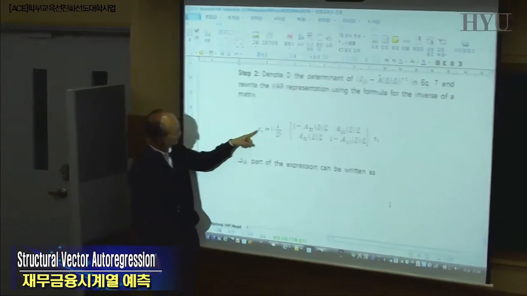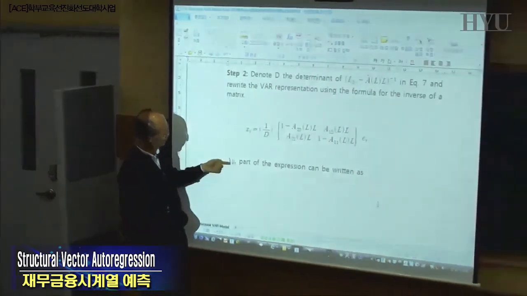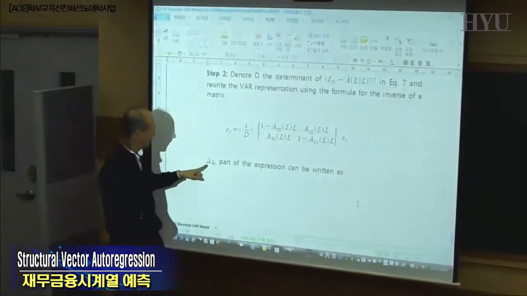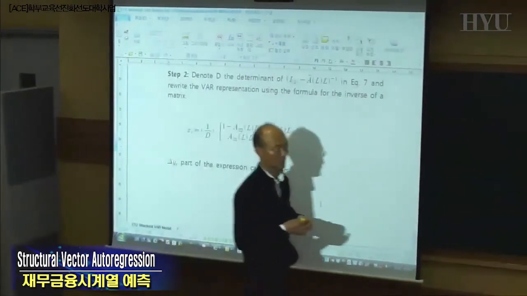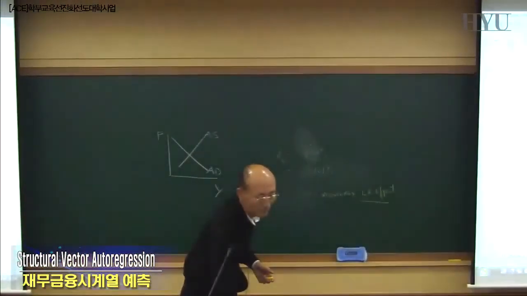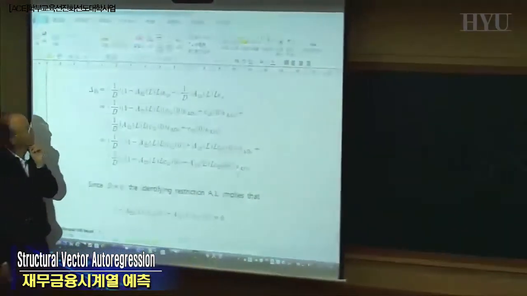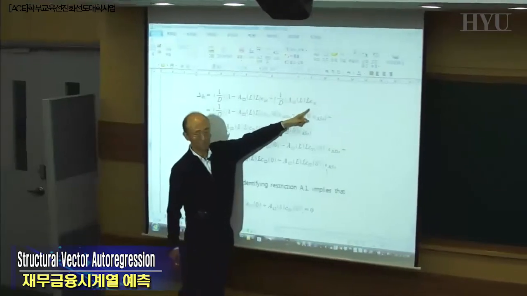Well, because you have 2 variables in this x t vector, right? So the first component was delta y t. So we rewrite this expression in terms of the first equation, delta y t. So if you carefully write that for delta y t, in this way. Okay.